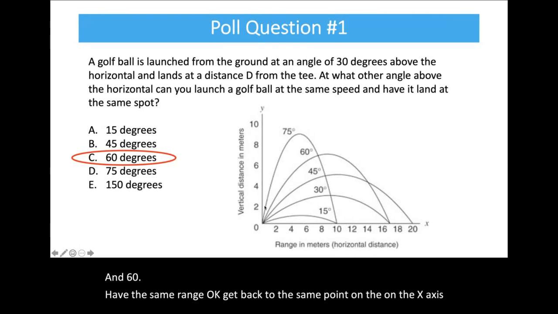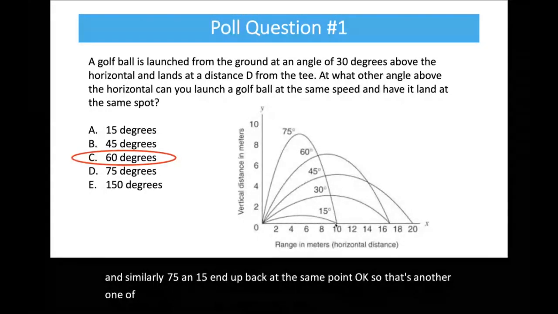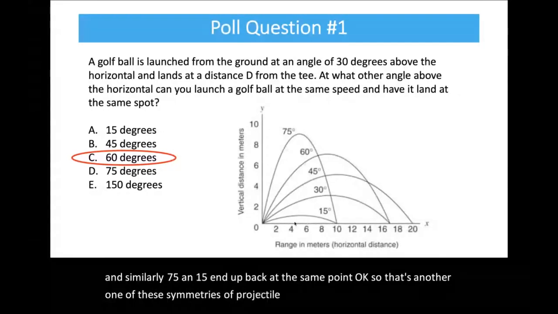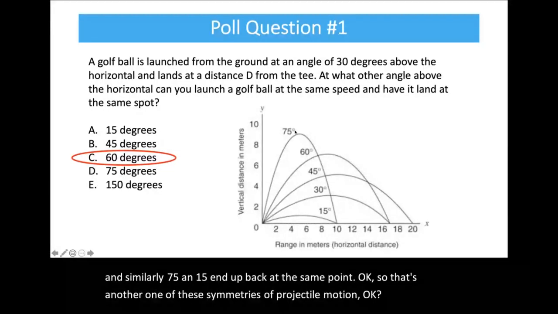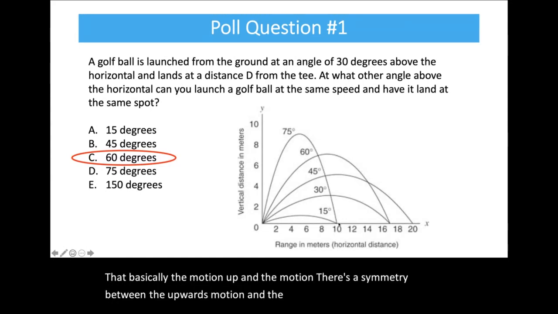Similarly, 75 and 15 end up back at the same point. So that's another one of these symmetries of projectile motion: there's a symmetry between the upwards motion and the downwards motion.